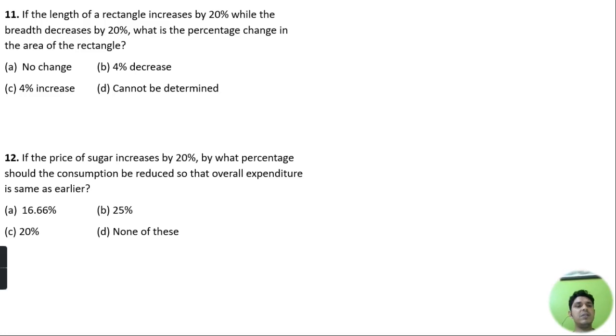Coming to the next question, question number 11. If the length of a rectangle is increased by 20% while the width is decreased by 20%, what is the percentage change in the area? The area of a rectangle is equal to L multiplied by B. So the quantities are in multiplication.